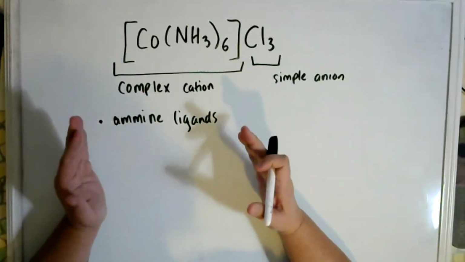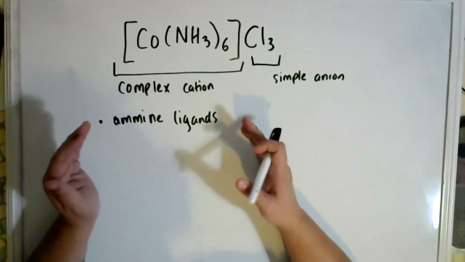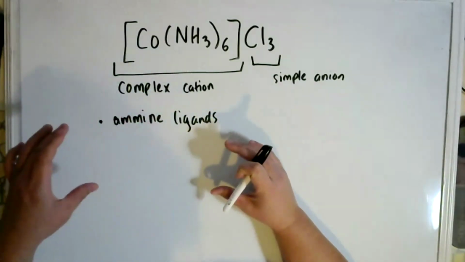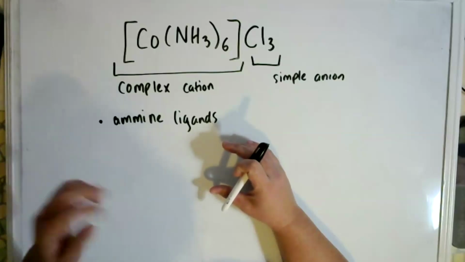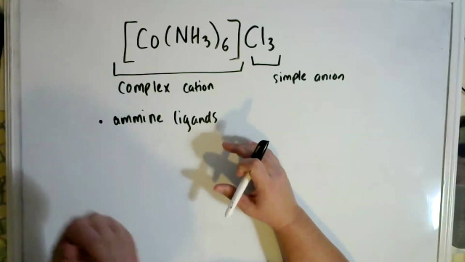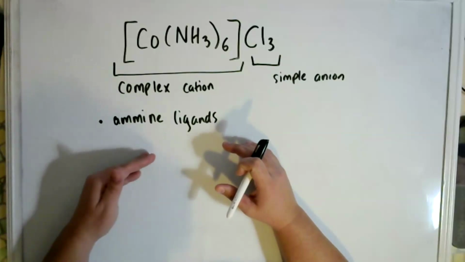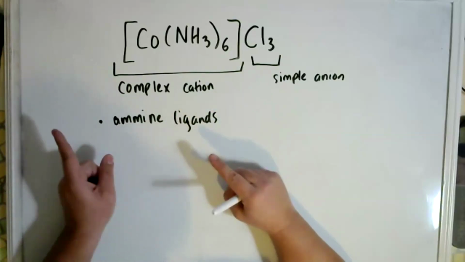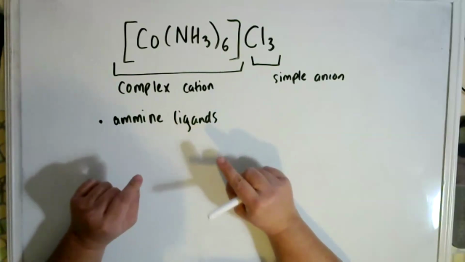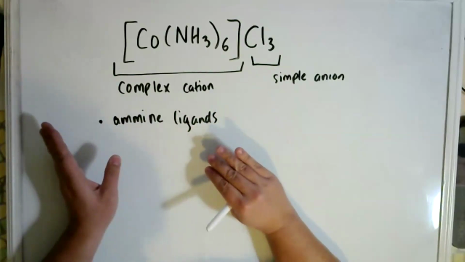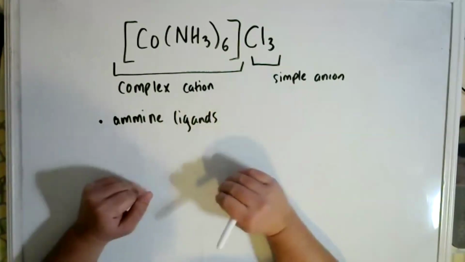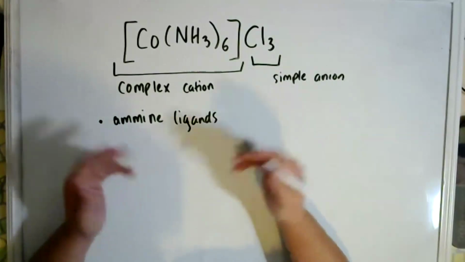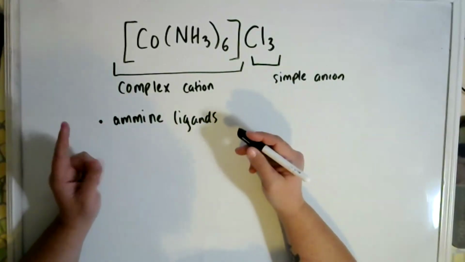And you want your ligands to be in alphabetical order before we do the next step, which is to put a prefix in front of them telling us how many of the ligands there are. So you do not want to alphabetize using the prefixes. You want to alphabetize before the prefixes. We'll see that in some of the other examples. This one, we only have one type of ligand, so we're not alphabetizing.